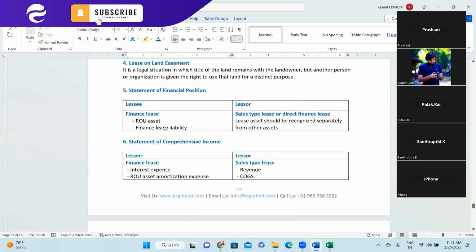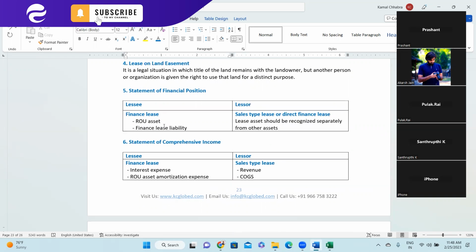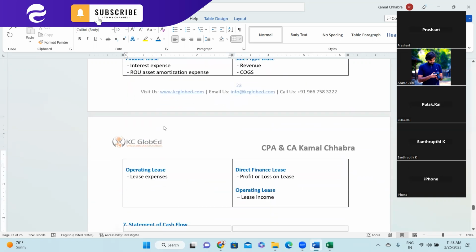So looking at the lessor side, if it is a sales type lease or direct finance lease, then the lease asset should be separately recognized. And second, in case of sales type lease, for comprehensive income, revenue needs to be recognized on a gross basis, and COGS also you need to recognize, so that the gross income impact will come in the comprehensive income.